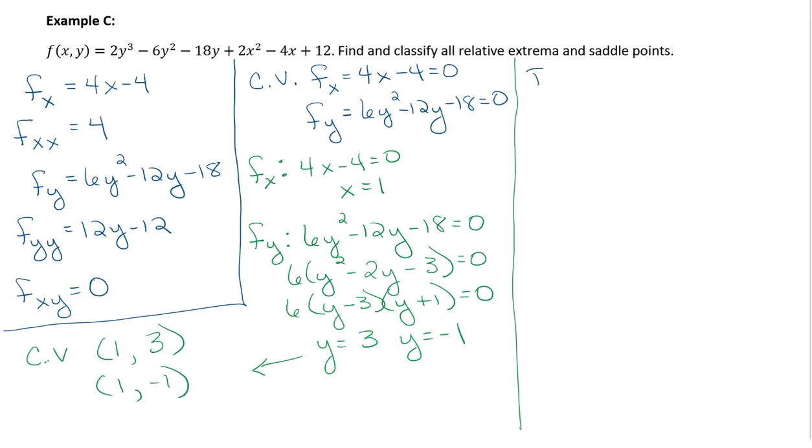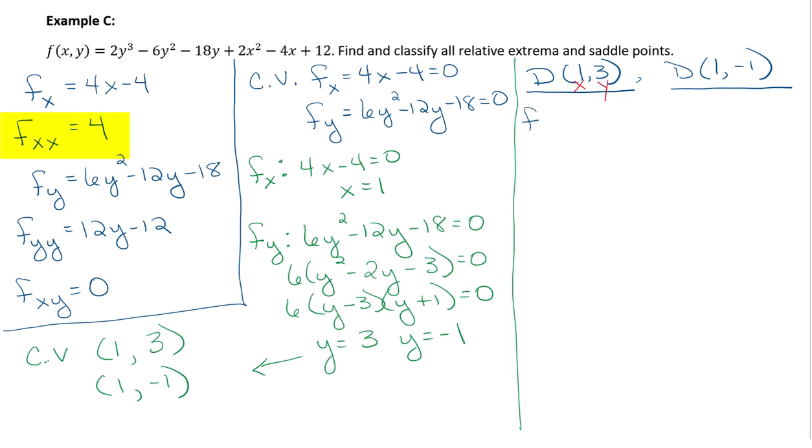Now we have to determine our d value using the critical values of 1 and 3, and the d value using 1 and negative 1. So first, plugging in 1 for x and 3 for y into the following.